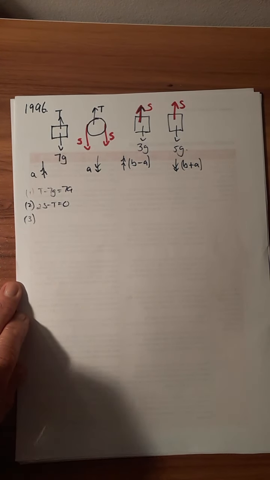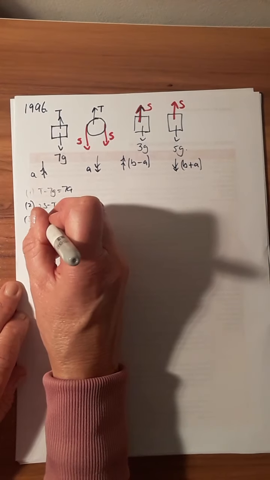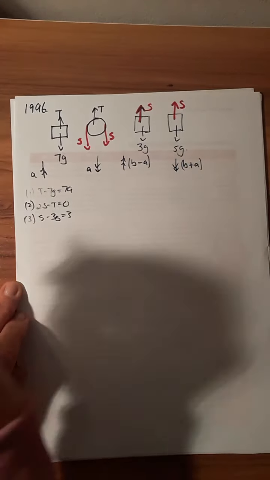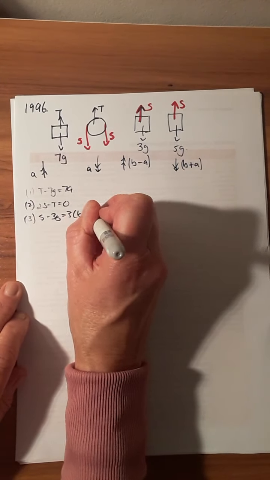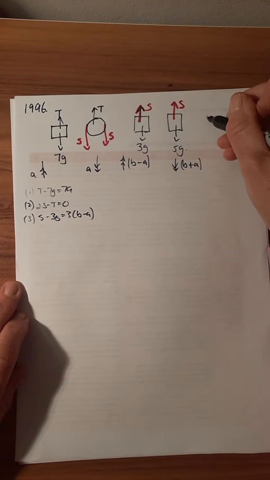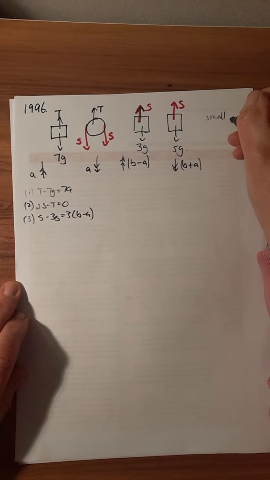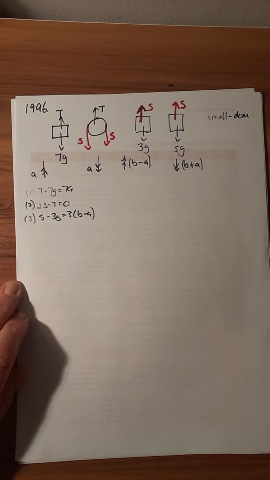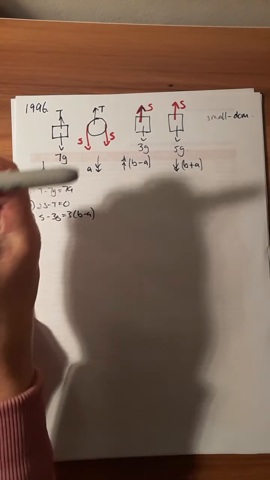So this one becomes, because it's moving up, S minus 3G is equal to M A, and the A is B minus A. And the thing to remember here is it's always the small system minus the dominant system. Small minus dominant, always.